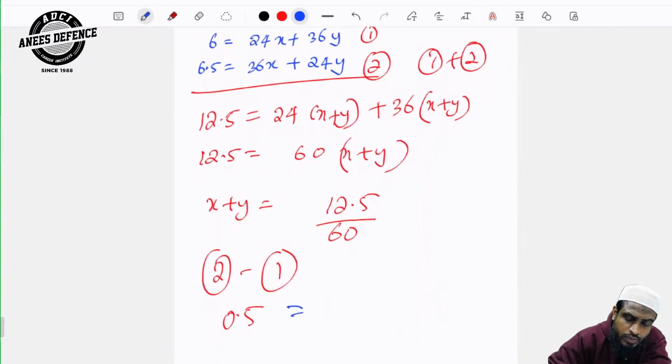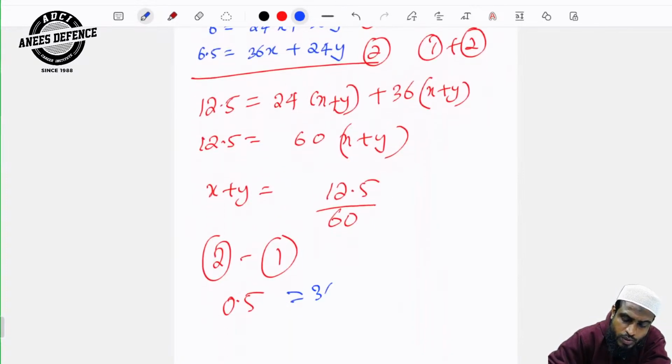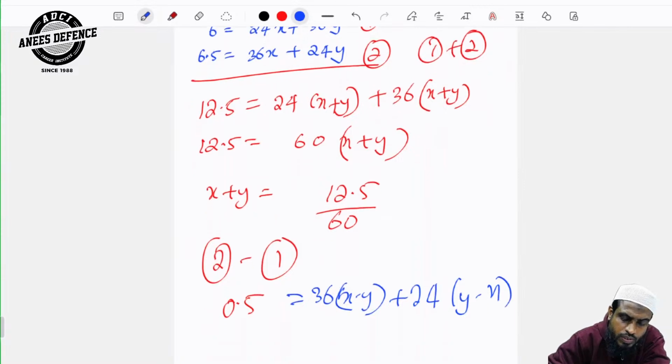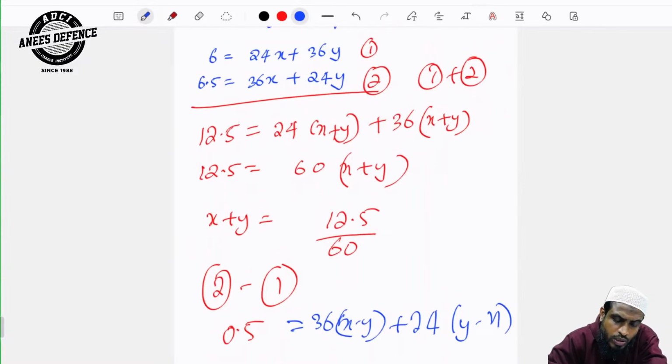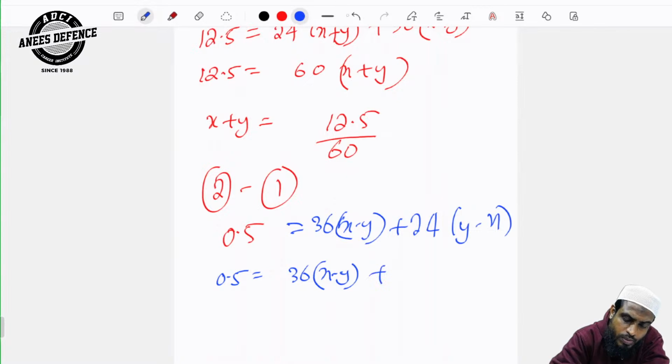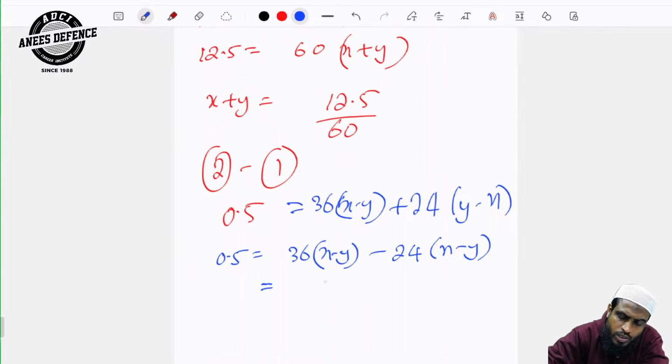You can put it like this: 36 into (x minus y) and 24 into (y minus x). So 0.5 equals 36 into (x minus y), and if you take the minus outside, minus 24 into (x minus y). So 36(x minus y) minus 24(x minus y).